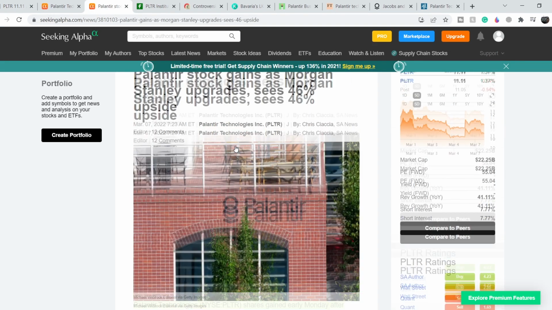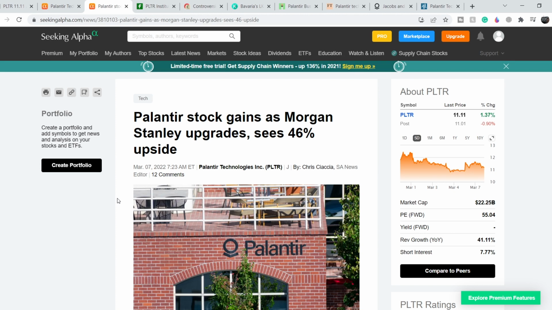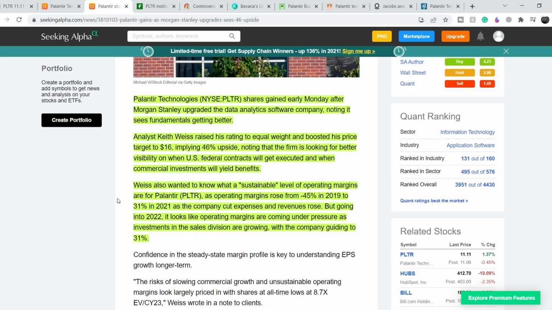Let me show you first of all the reason why it spiked up. On March the 7th we have this article titled "Palantir stock gains as Morgan Stanley upgrades, sees 46% upside." Let me quote you this. Palantir Technologies shares gained early Monday after Morgan Stanley upgraded the data analytics software company, noting it sees fundamentals getting better.